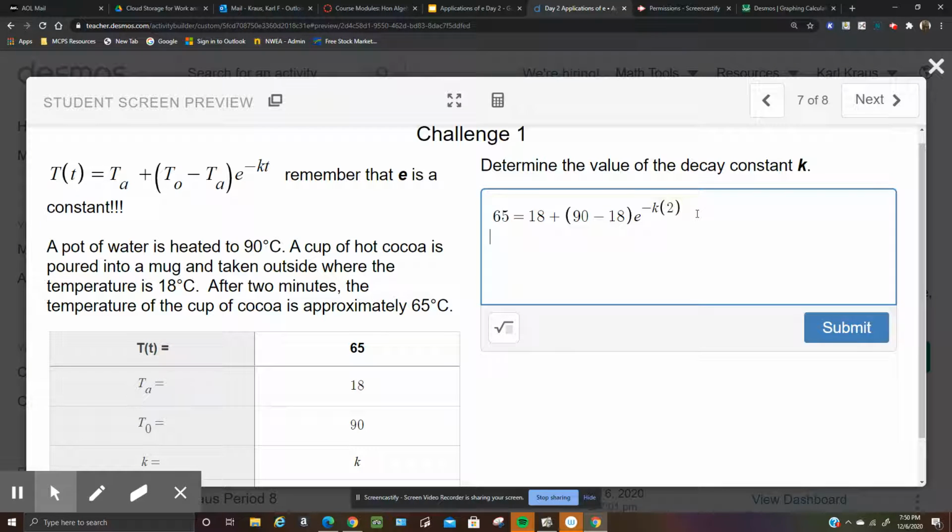So the next step is, first I'm going to subtract 18 from 65, which would be 47. The equation under here, 47, and then combine what's in the parentheses. 90 minus 18 is 72, times e exponent negative K times 2.